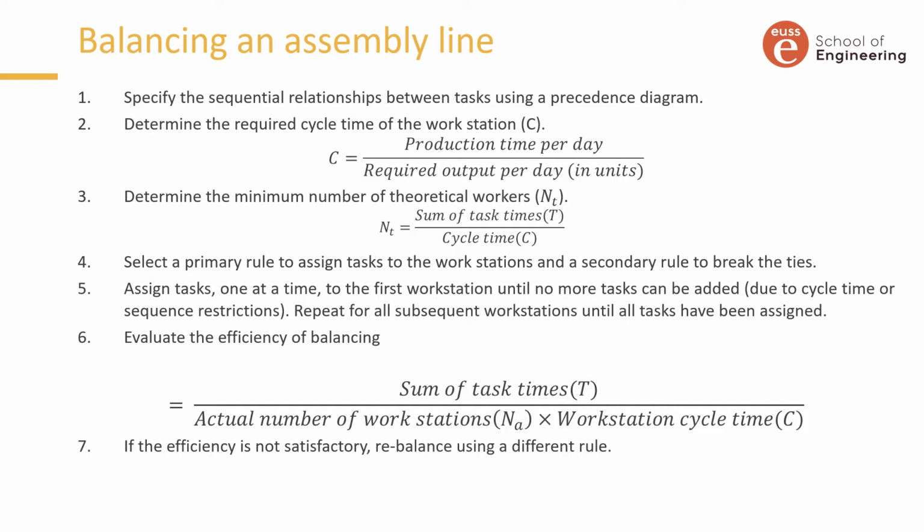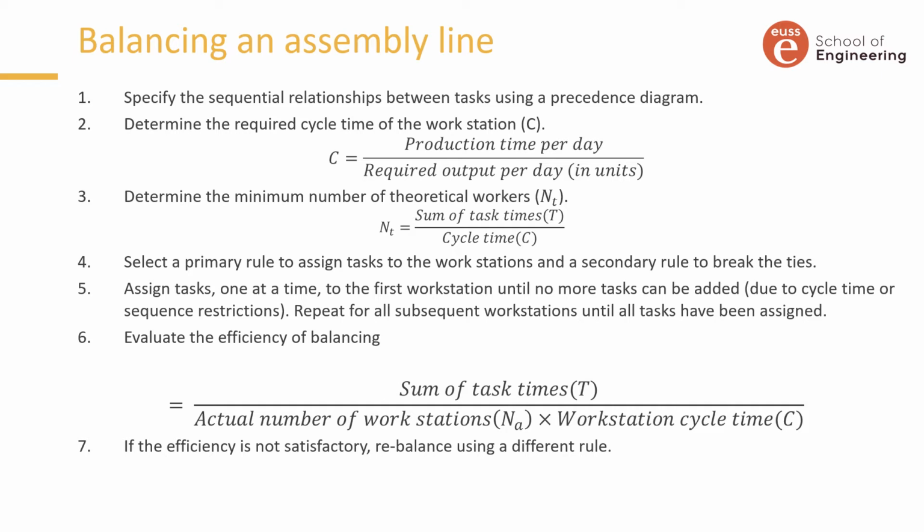For example, if the result of this formula, sum of task times divided by cycle time, is 4, it means that as a minimum, we should have 4 workstations in our company. It means that less than 4 is not possible and is not permitted. Maybe more than that happens, but less than that is not possible.